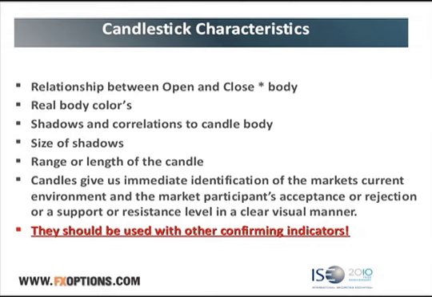The real body's color, which we've just defined, red versus green, the shadows and their correlation to the candle body, the size of the shadows, and the range or length of the overall candle. That's what's neat about candlestick analysis. It gives us immediate identification of the market's current environment, and it helps market participants understand the acceptance or rejection of an old support or resistance level in a clear visual manner.